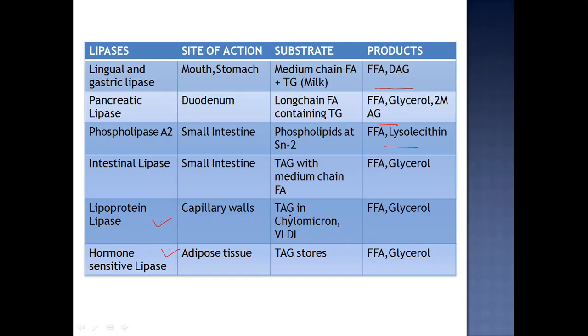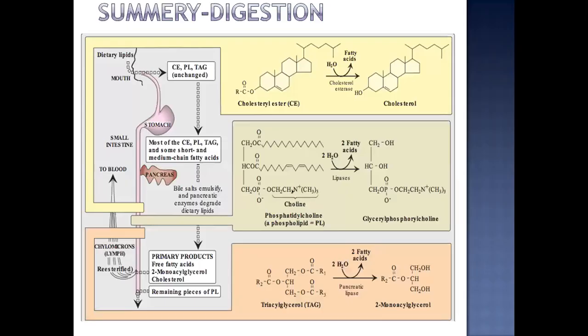Okay, fine. So you can understand the same by this particular diagram, or you can represent the thing in this particular way. You don't have to draw any structure. The process of digestion starts from the mouth with lingual lipase, then in the stomach there will be gastric lipase. These two mainly act on short and medium chain fatty acids.